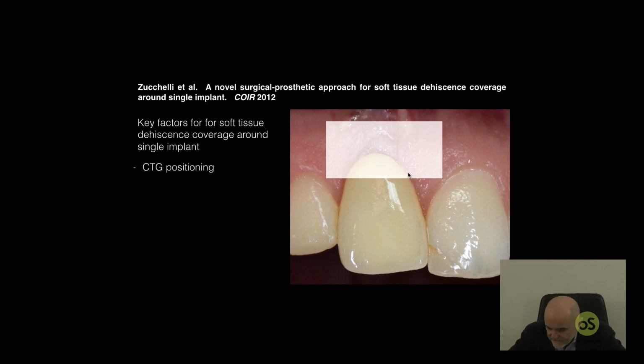My question is, this portion that is left exposed, or partially exposed if you want, can it survive with the right thickness that I need? I need this portion of the graft to survive with a thickness that must be greater than 2 millimeters, we said, because this is what I want at the level of the soft tissue margin of the implant-supported crown to prevent gingival recession from forming.